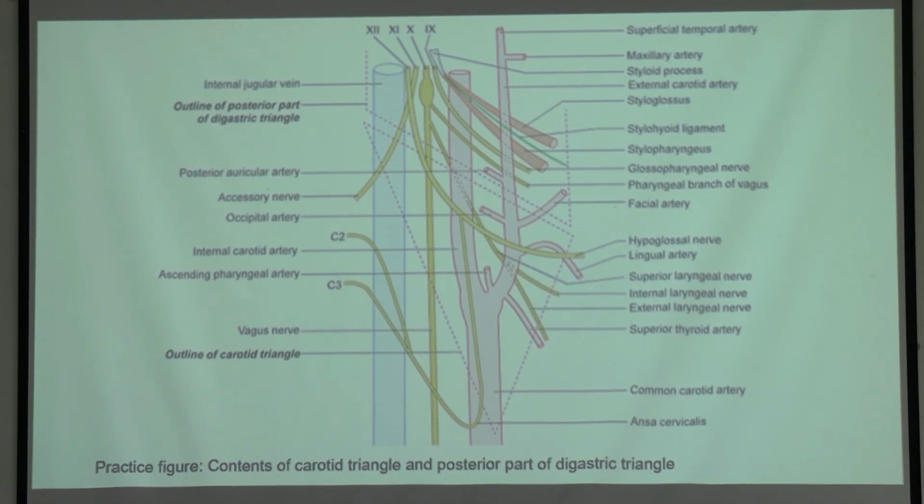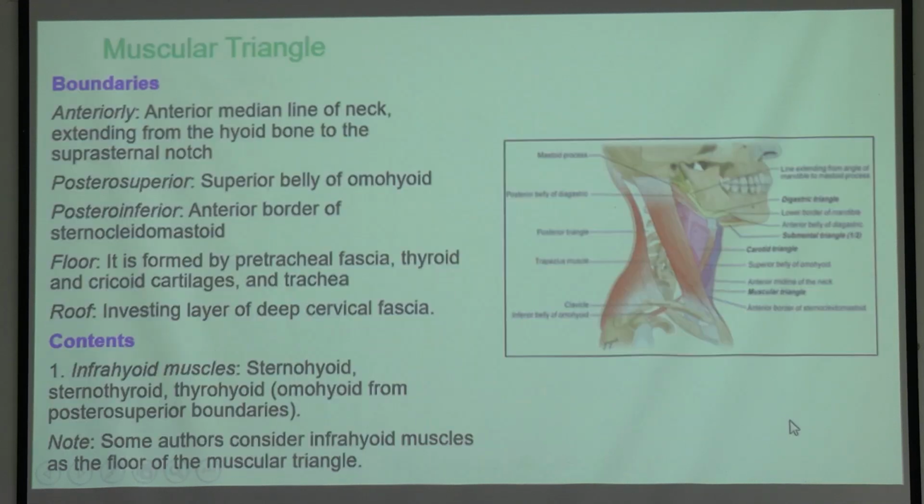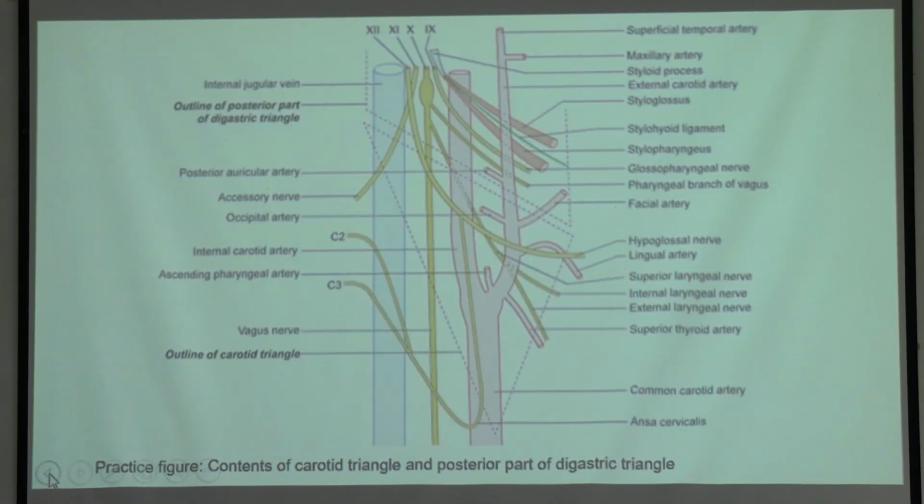Previously we used to call the ascending pharyngeal artery the first branch of the external carotid artery.